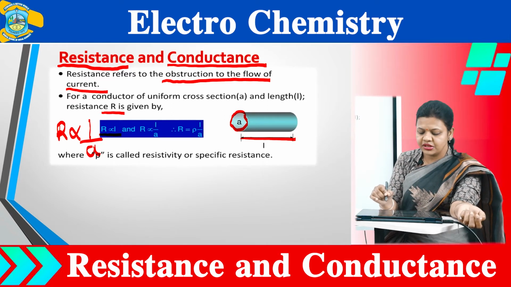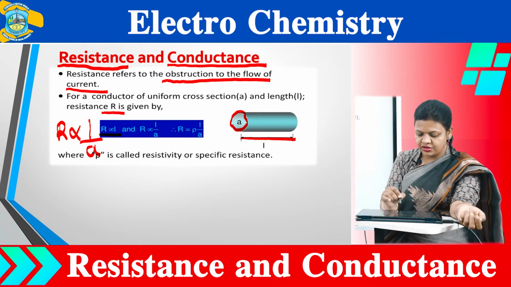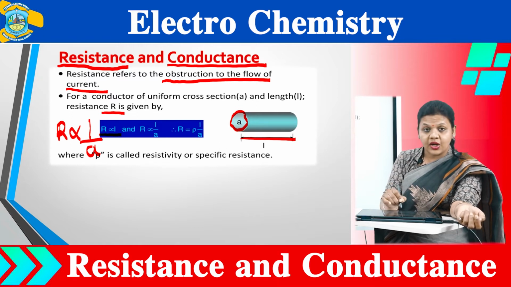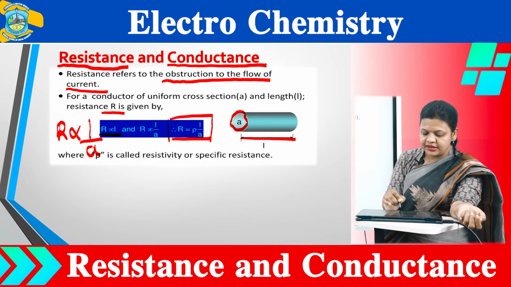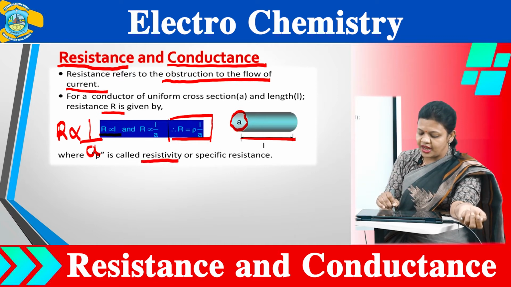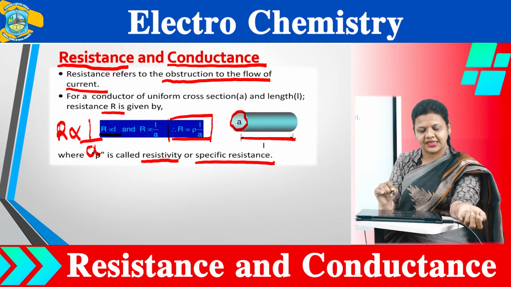Combining the two relations, we can say that R is proportional to L by A, and removing this proportionality sign with an equality sign and putting in constant rho, we get the formula R is equal to rho L by A, where rho is the constant of resistivity, or it is known as specific resistance.